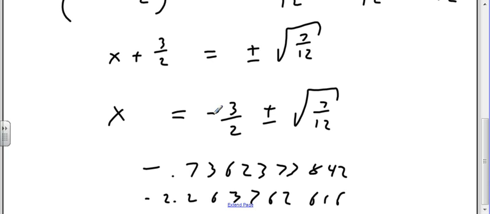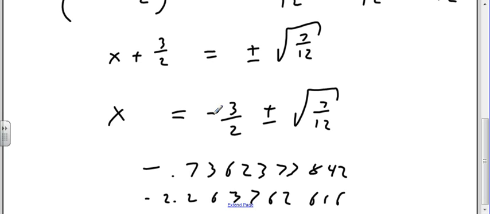Minus 3 divided by 2 plus radical 7 divided by 12. 0.736267378, yeah, same number. All right.